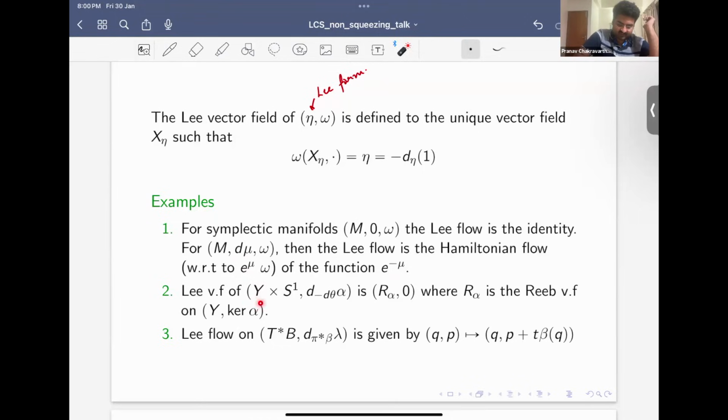You have the Reeb vector field on Y, you just lift it by setting it to 0 on the S1 part, and that is in fact the Lie vector field for the conformal symplectization. And finally, in the twisted cotangent bundle case, the Lie flow with respect to one-form beta is basically flowing in the direction of beta. So you send (q, p) to (q, p plus t beta).